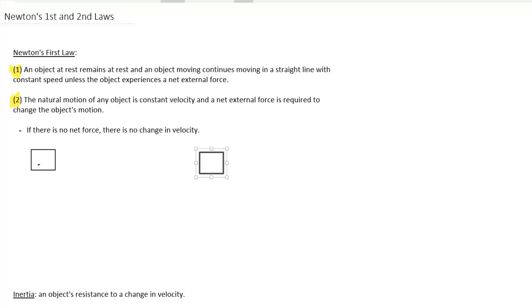If we have no force acting on it, let's see. Let's say that we have this box here, and actually, let's say there are two forces acting on it. There's a weight which acts downwards, and there is a normal force which acts upwards. And it's sitting on a surface here like this.